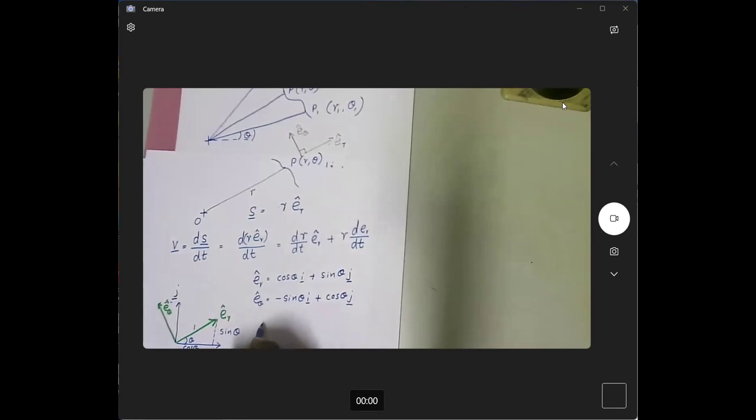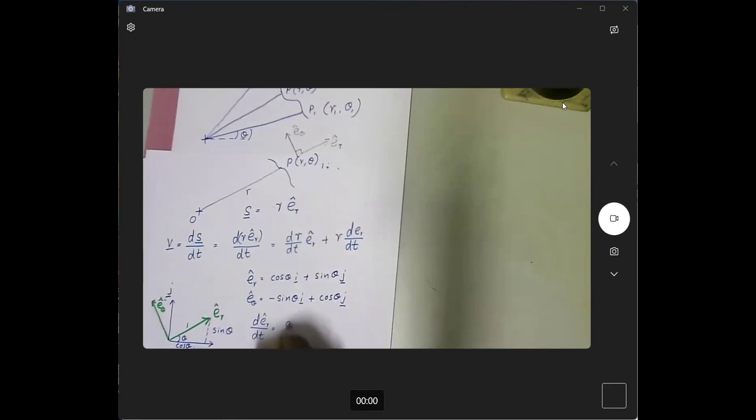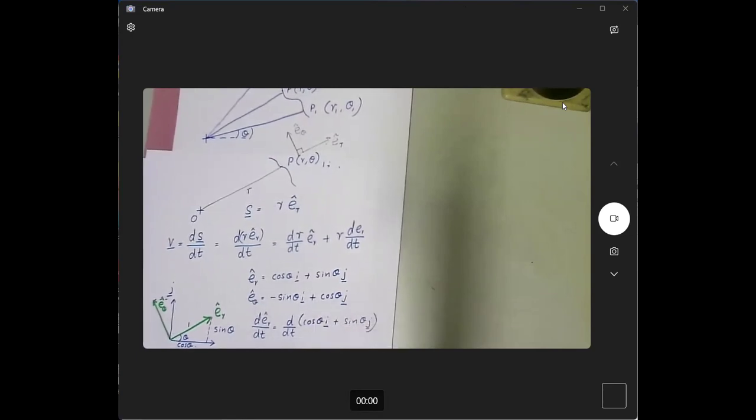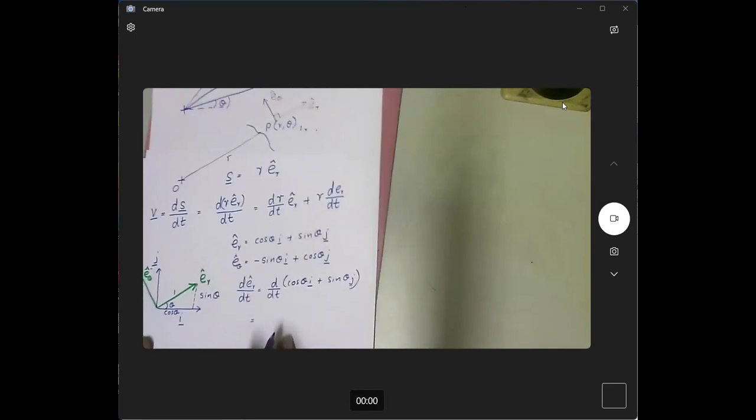Now, do the differentiation of e_r. d e_r over dt is d over dt of cos theta i plus sine theta j. And i and j are fixed unit vectors. You will not have di over dt; it is zero.